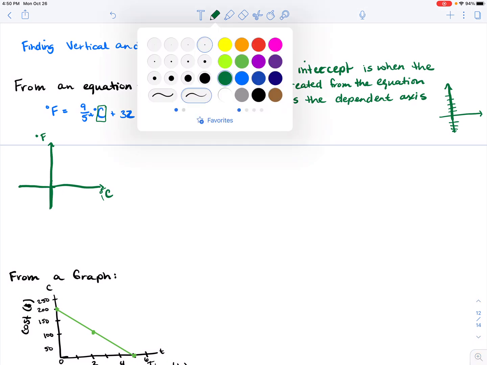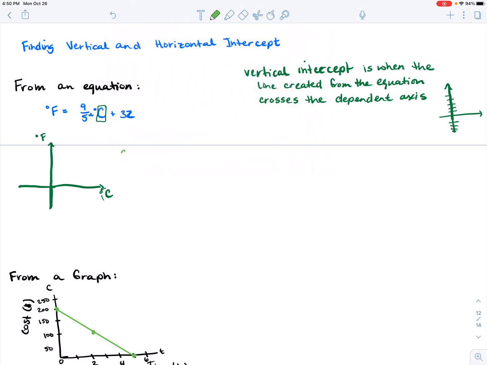So my Fahrenheit equals 9/5 times 0 plus 32, so my Fahrenheit is going to equal 32. That's where it crosses this vertical line for Fahrenheit. Say it's right here, I'm going to say that's 32.